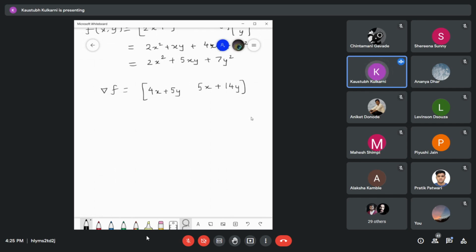Okay, now gradient of vectors with respect to matrices. So consider this example, gradient of vectors with respect to matrices. So F is equal to A into X vector.